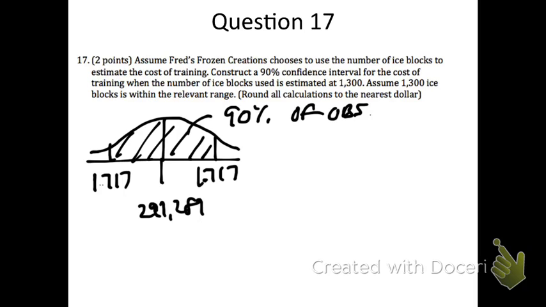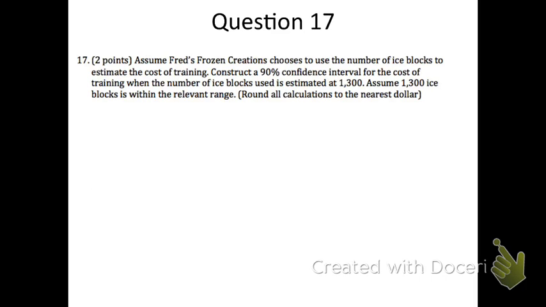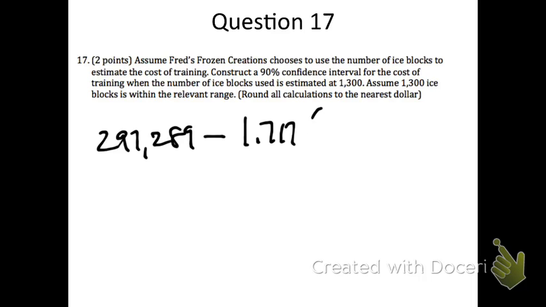So my range is going to be 297,289, here's my bottom range, minus 1.717 times the standard error of the entire estimate.